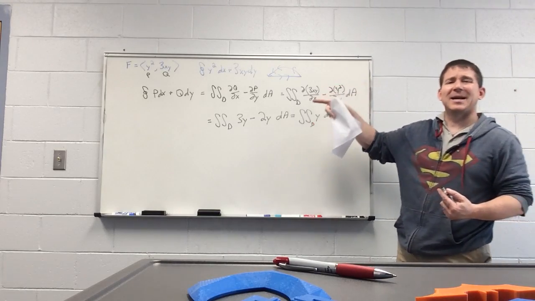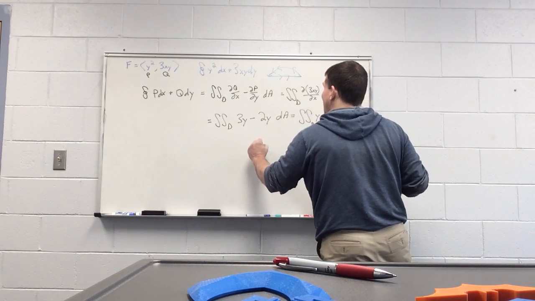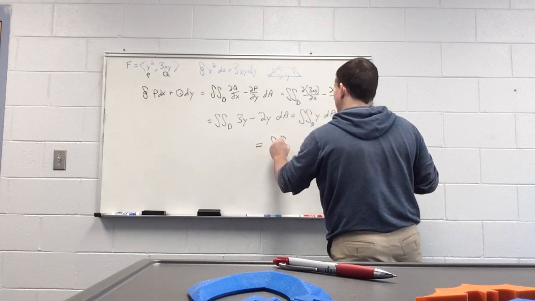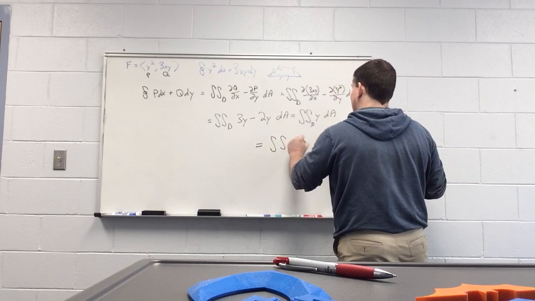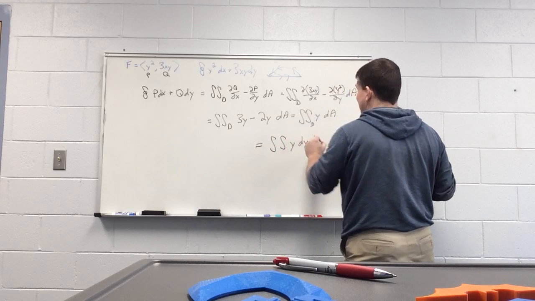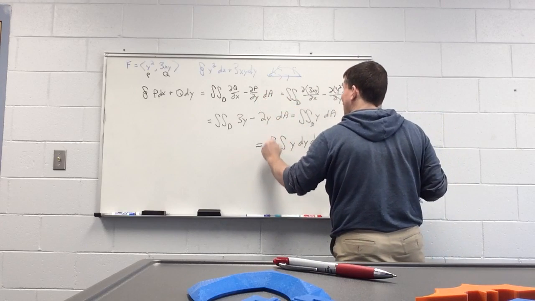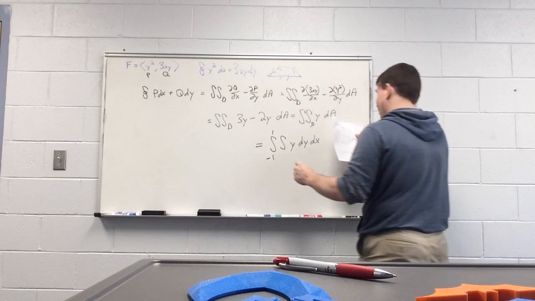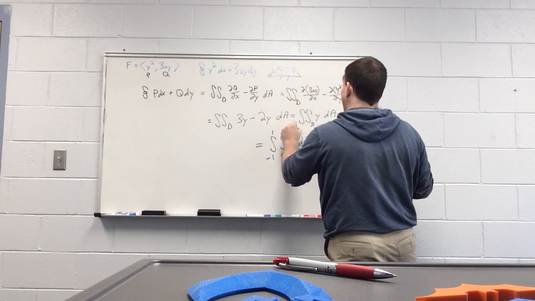Because it's not a rectangle, it's a half circle, they're a little bit more challenging, but I'm sure all of you can do it. So I will shortcut writing all that out, and I'm going to integrate with respect to y first and then x. On the upper half unit disk, the x's go from -1 to 1. The y's go from 0 to the square root of 1 minus x squared.